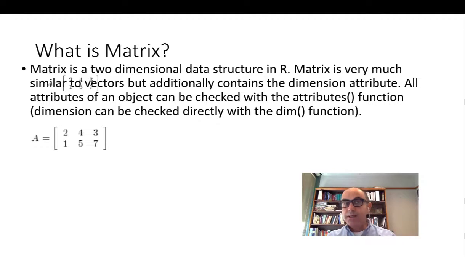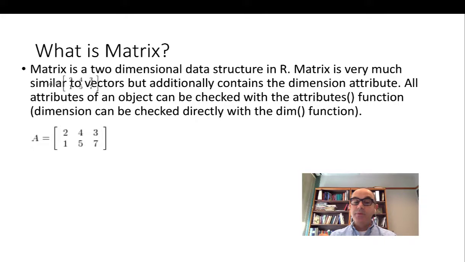What is a matrix? A matrix is a two-dimensional data structure in R, which means that a matrix is very similar to a vector, but it can have two-dimensional attributes. Example, sorry, my PowerPoint here just went off scale. I will fix it so you will have that in more context.